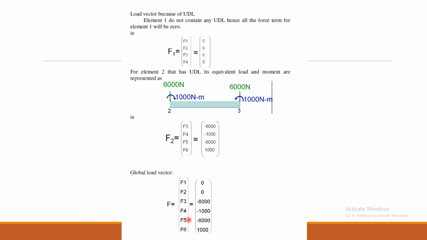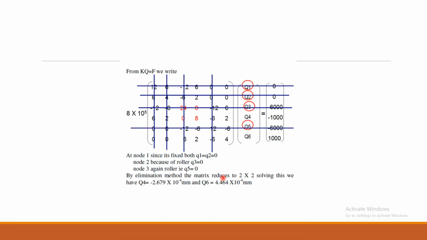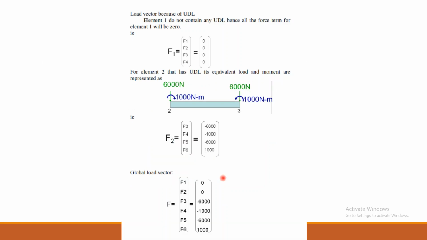So F1 to F6. Here, from the element 1 force vector, we don't have any F1, F2 forces, but from element number 2, we are having some magnitudes of forces F3, F4, F5, F6. So enter those values.